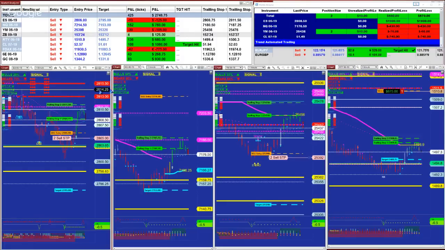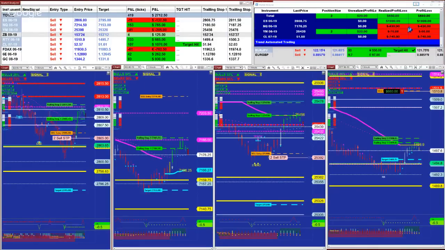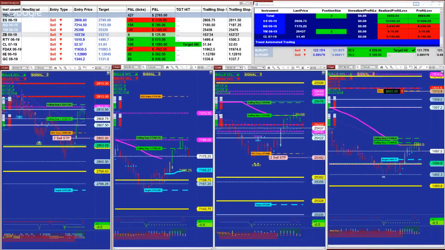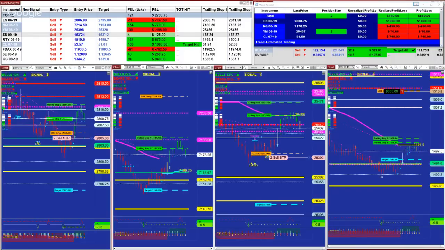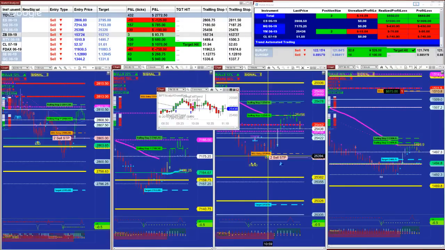Even the automated scalper, as you see, is all in red, and there is nothing we can do. Even the scalpers are doing badly, and the swing trading is not doing well. They are taking trades left and right, and they're not working. Let me give you an example.